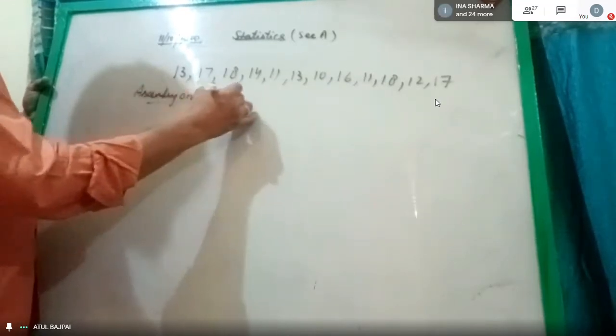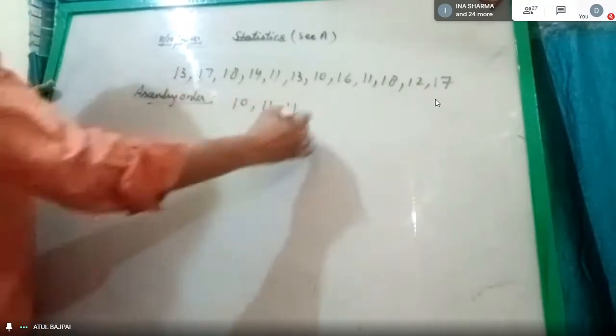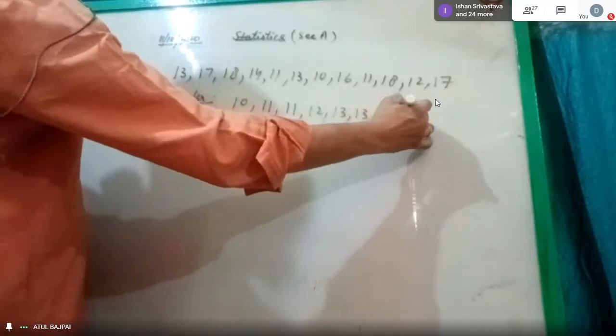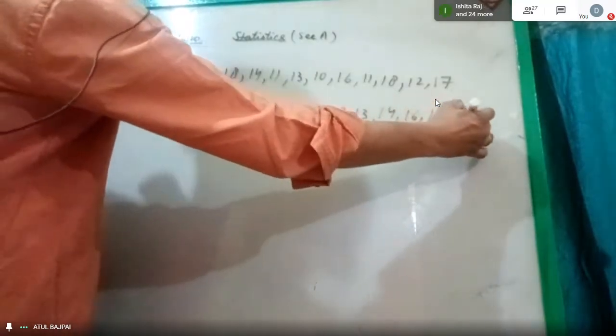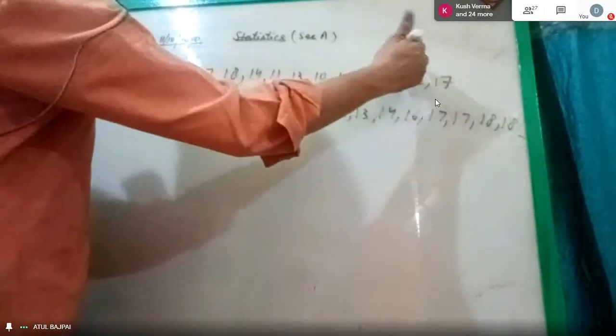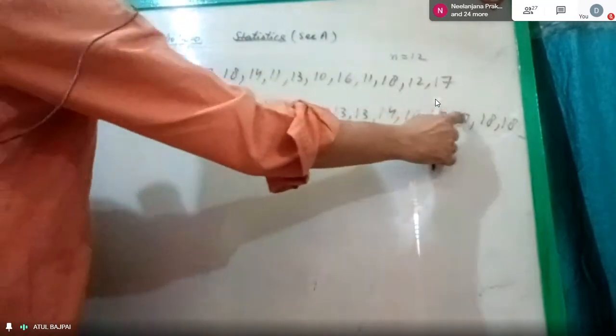So 10, 11, 11, 12, 13, 13, 14, 16, 17, 17, 18, 18. Check, have you missed anyone? 1, 2, 3, 4, 5, 6, 7, 8, 9, 10, 11, 12. N is 12. Clear till here? The first step is ascending or descending order.